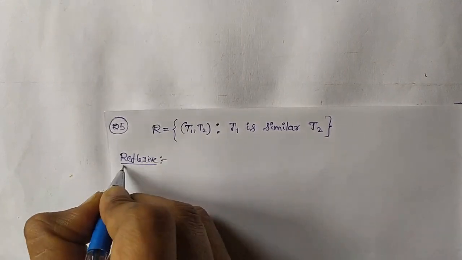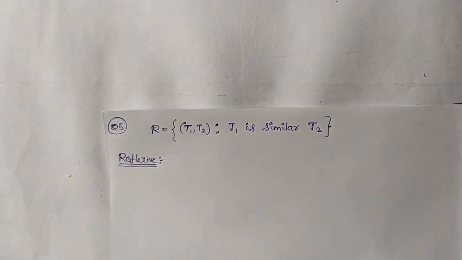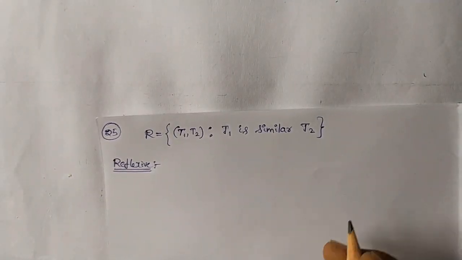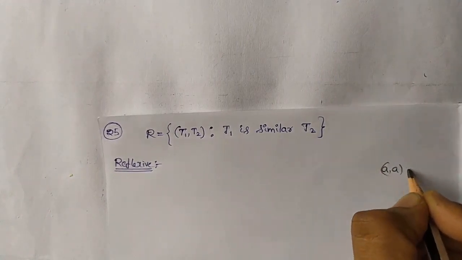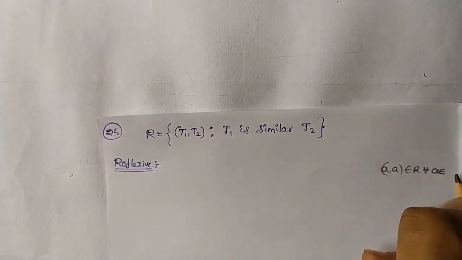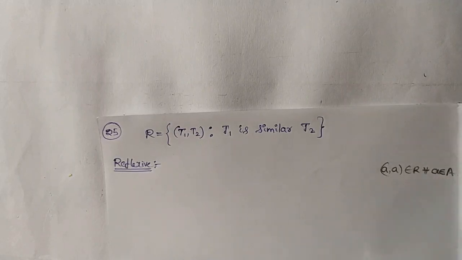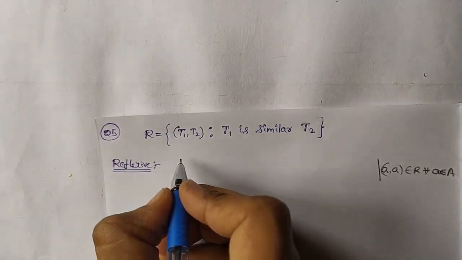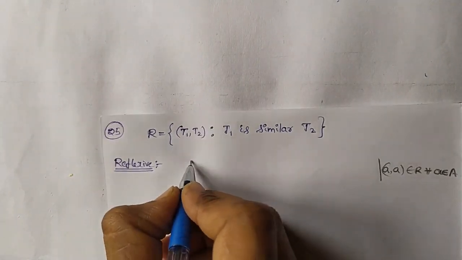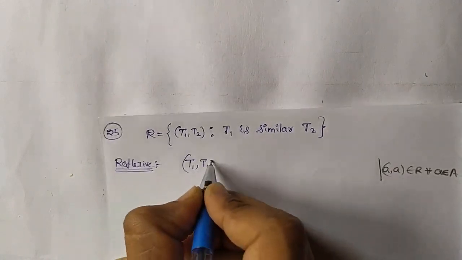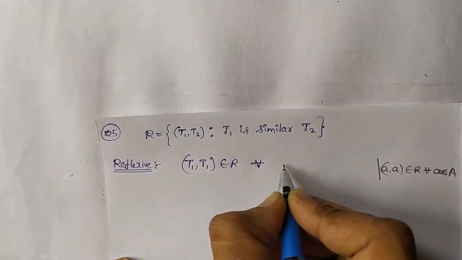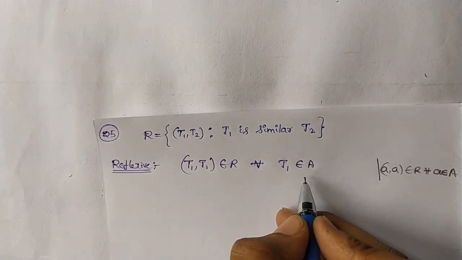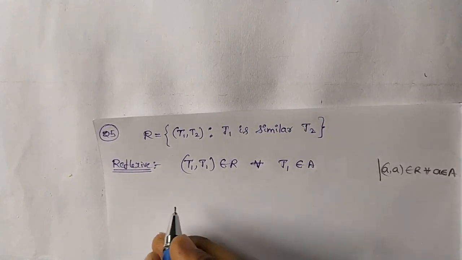Recall the definition of reflexive: (A, A) belongs to R for all elements A belonging to the given set A. Here we define (T1, T1) belongs to R for all T1 belonging to the set A, because A is nothing but the set of all triangles.